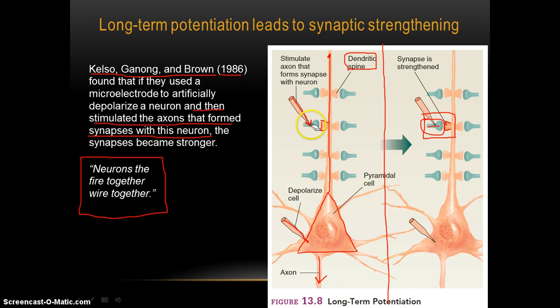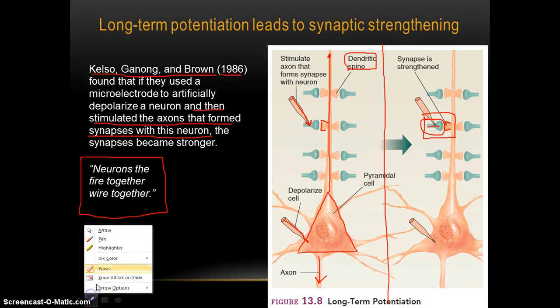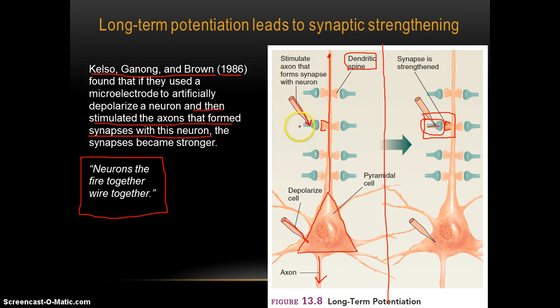One of the things they had to do was to stimulate this blue neuron. But that wasn't enough. That in and of itself would not cause long-term potentiation. What was the other thing they had to do? They also had to stimulate this pyramid cell. They had to stimulate both the presynaptic cell as well as the postsynaptic cell.